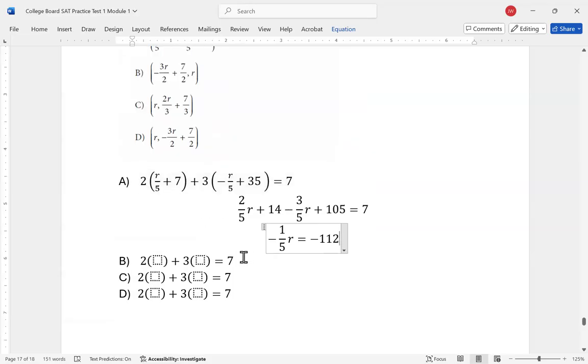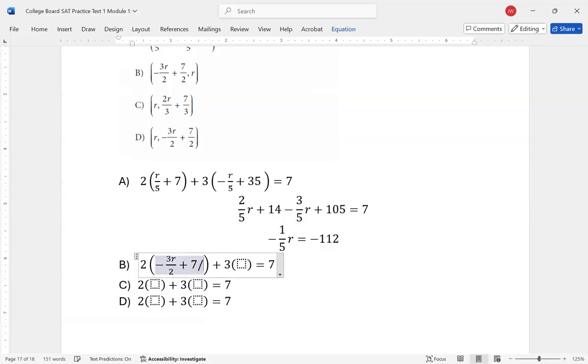Now let's look at B. So for B, I'll plug in the x value of negative 3r over 2 plus 7/2. And for the y value, I'll plug in an r. While I'm at it, let's go ahead and do that same thing for C. For C, the x value is r.